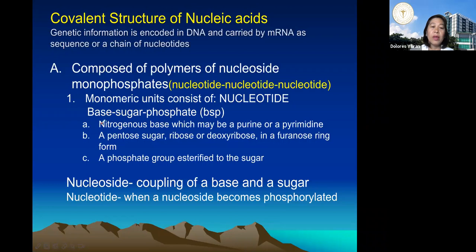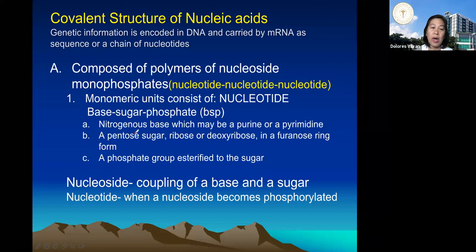A base is actually a nitrogenous base, which may be a purine or a pyrimidine. Purines are adenine and guanine, while pyrimidines are cytosine and thymine.